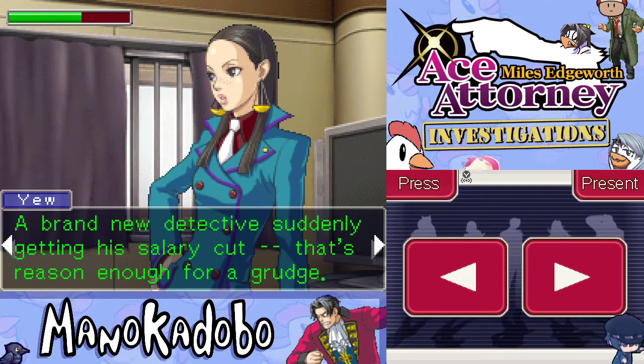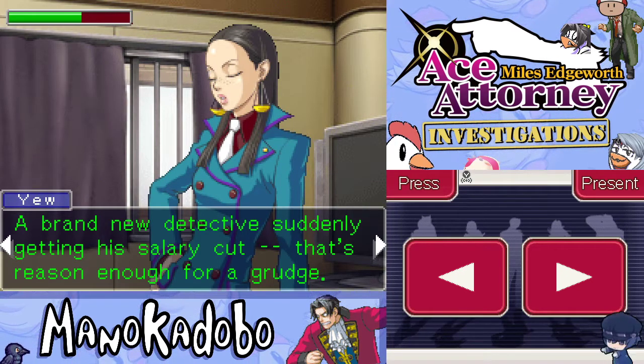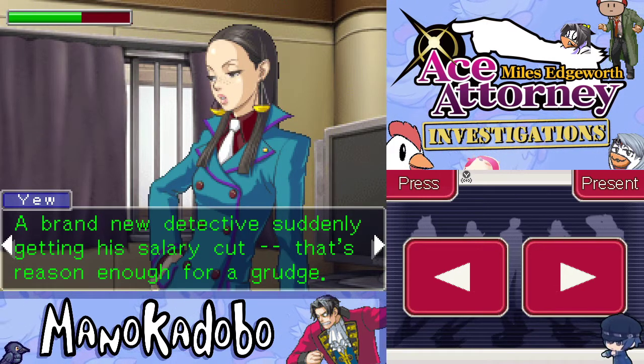Ace Attorney, I was talking about this the other day. At the first moment of my life, I had a phone that could play MP3s. One of the first albums I put on it was an Ace Attorney cover album. And it's just been on everything I own that plays MP3s ever since. Oh, it's on my freaking phone right now.